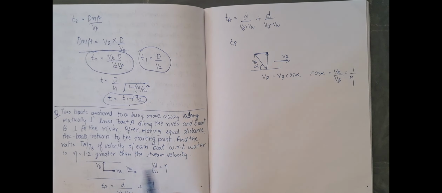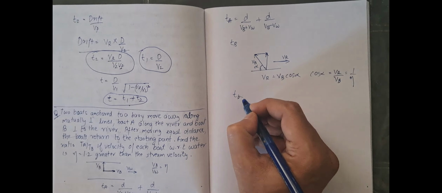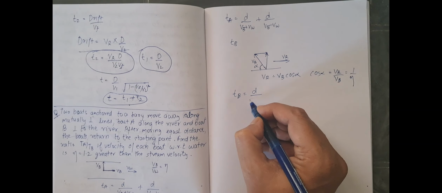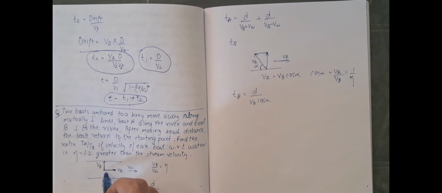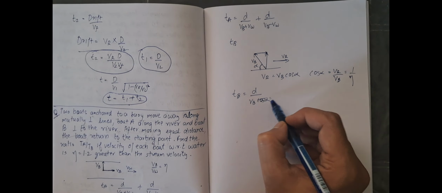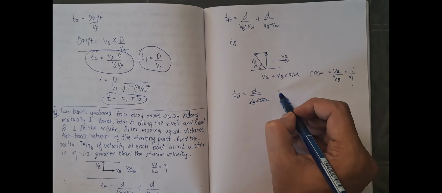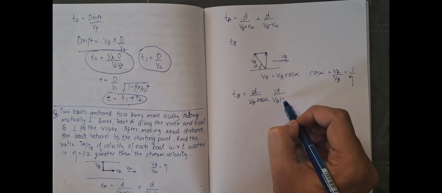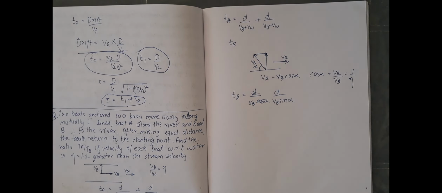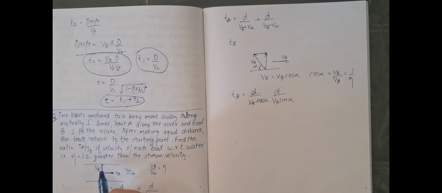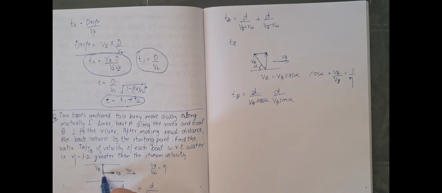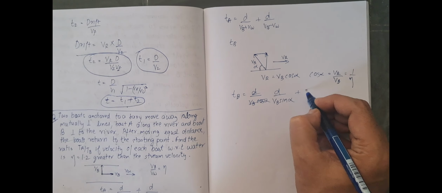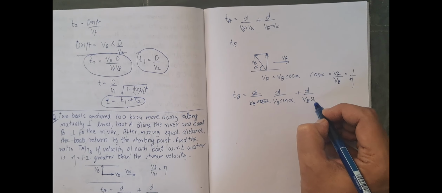d by VB cos alpha. Time taken by the boat to travel from here to here is d by VB sin alpha, plus the time taken by the boat to travel from here to here again is d by VB sin alpha.